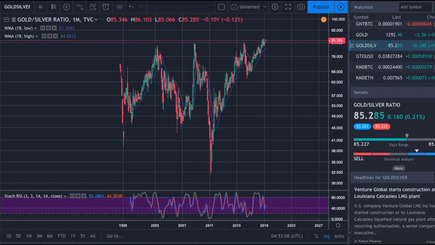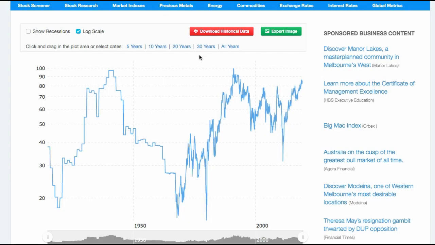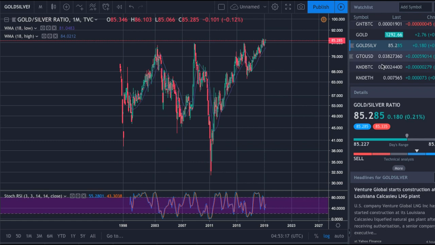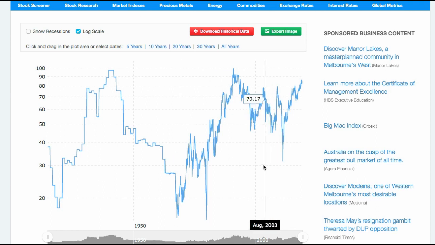Or if silver stayed where it was and gold had a massive drop, you would see the price gap narrow, and then you would see that go down. And obviously it goes in the opposite direction. If silver goes down and gold goes up, you see that gap is widening, and then you see this ratio number get higher and higher. So the higher the number, the wider the gap price between gold and silver. Hope that makes sense.